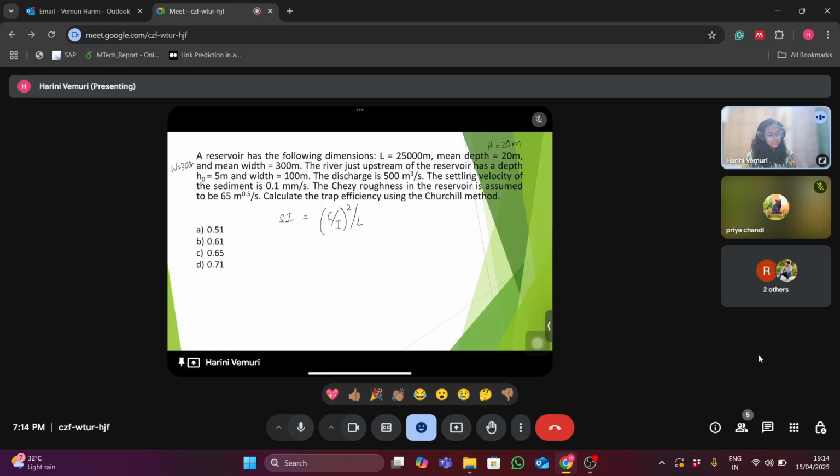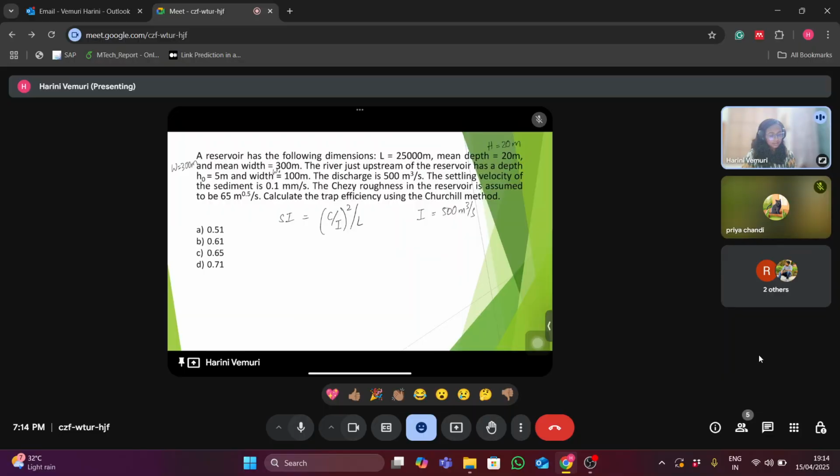The river just upstream of the reservoir has a depth H naught of 5 meters and width W naught of 100 meters. The inflow discharge is 500 meter cube per second.